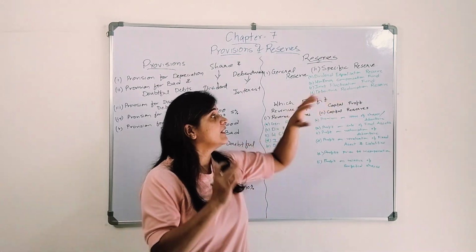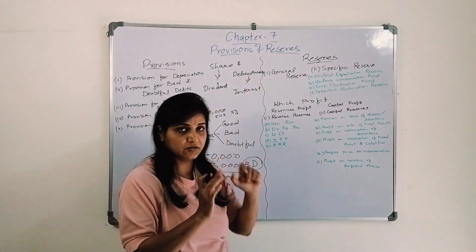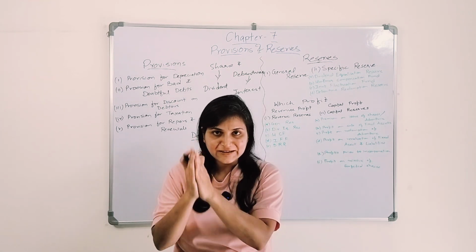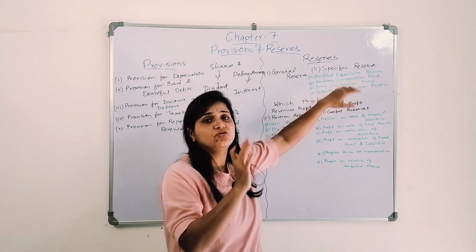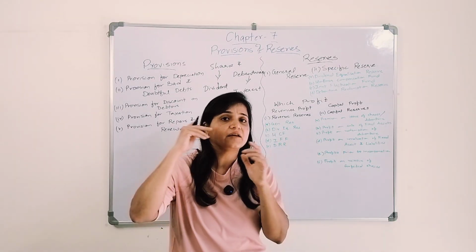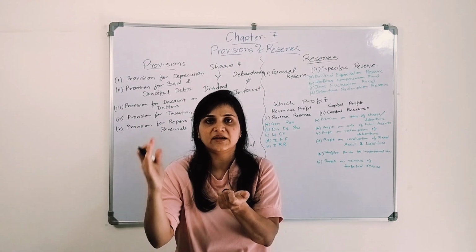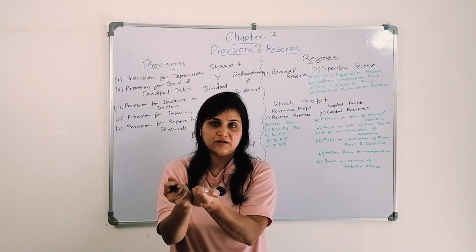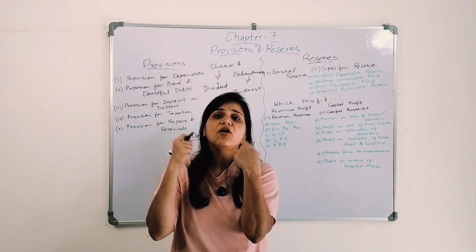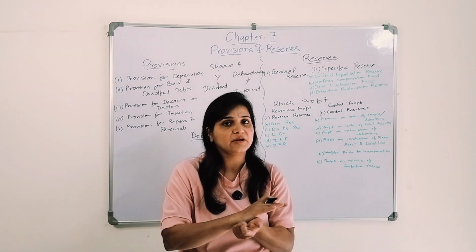And the next is the debenture redemption reserve. Debenture holders, they need to pay money to their debenture holders. When they issue the shares and debentures, and when they pay off the money, they redeem the debentures.